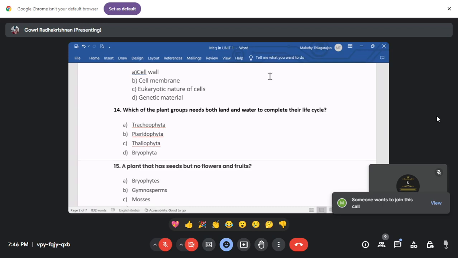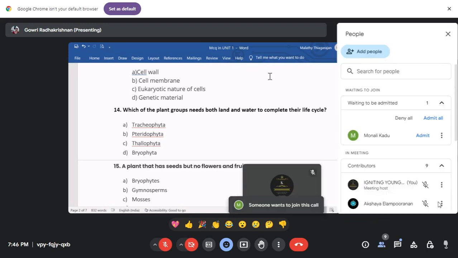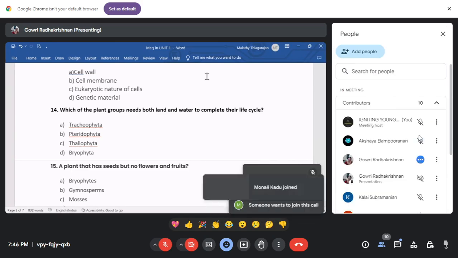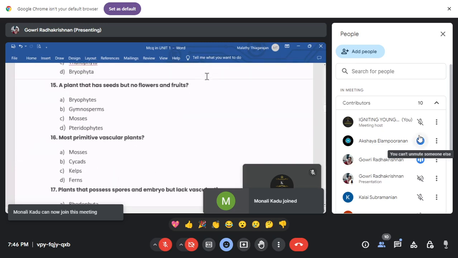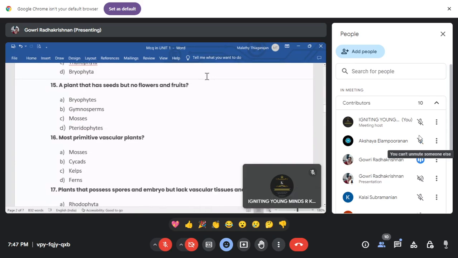You're right. A plant that has seeds but no flowers and fruits? Gymnosperms, ma'am. Yes. Most primitive vascular plants? Pteridophytes.